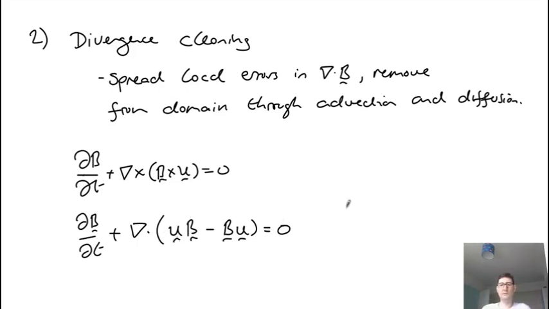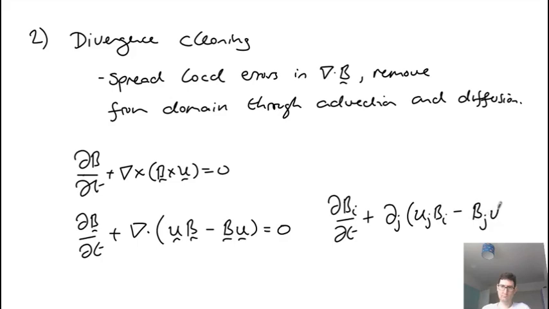If you prefer tensor notation, we can write this out. You see the divergence of this dyad is just differentiating both, but the dot is with the first vector here. So this differential is dot producted with the first index here and the first index there. And so this is a divergence of a flux, which can be solved using standard hyperbolic methods.